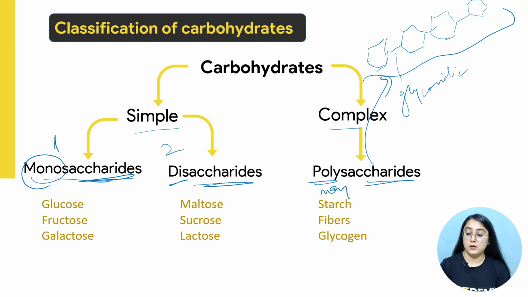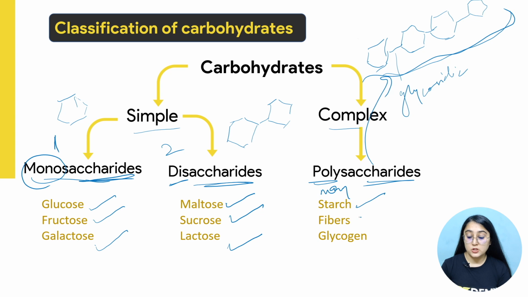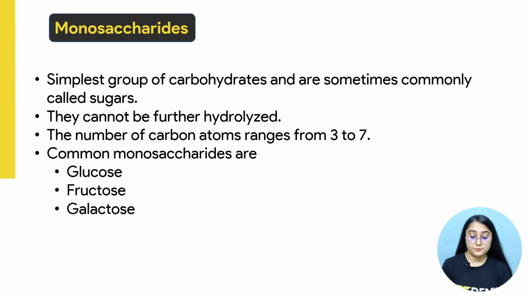Now if you look at examples of monosaccharides, we have glucose, fructose and galactose; of disaccharides we have maltose, sucrose, lactose; and of polysaccharides we have starch, fibers and glycogen.